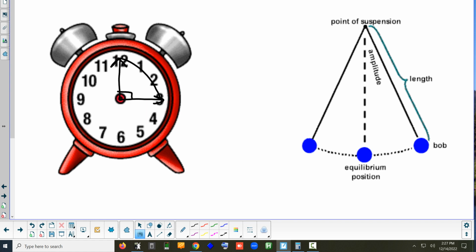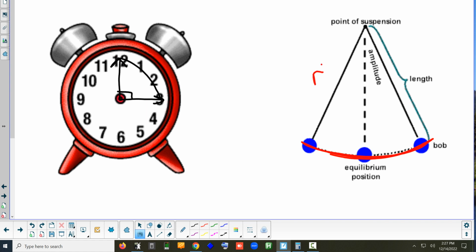Now, I think they're going to give you one problem also about a pendulum. They're going to ask you, as a pendulum swings back and forth, how long the path is. Well, as it swings, it's going to make that line in red. What is that shape? That's an arc. So as a pendulum swings back and forth, it makes an arc. And the length of the pendulum would be your what?